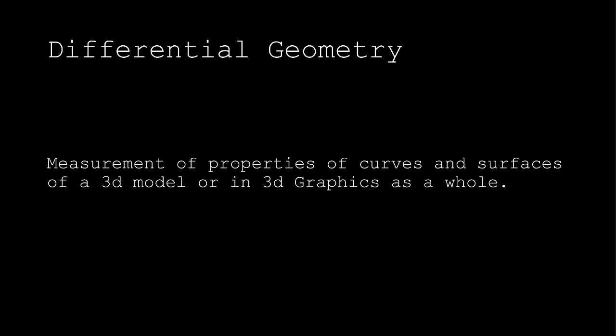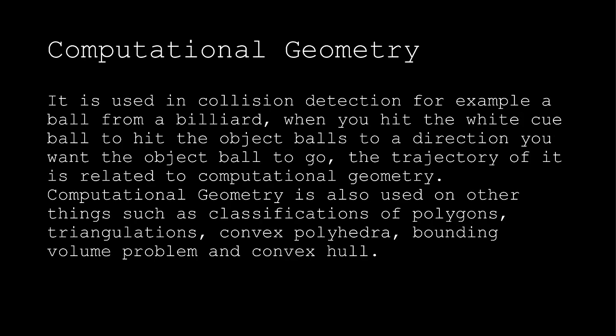Differential geometry: measurement of properties of curves and surfaces of a 3D model, or in 3D graphics as a whole. So like planes and stuff. Computational geometry is used in collision detection, for example, a ball from billiards.